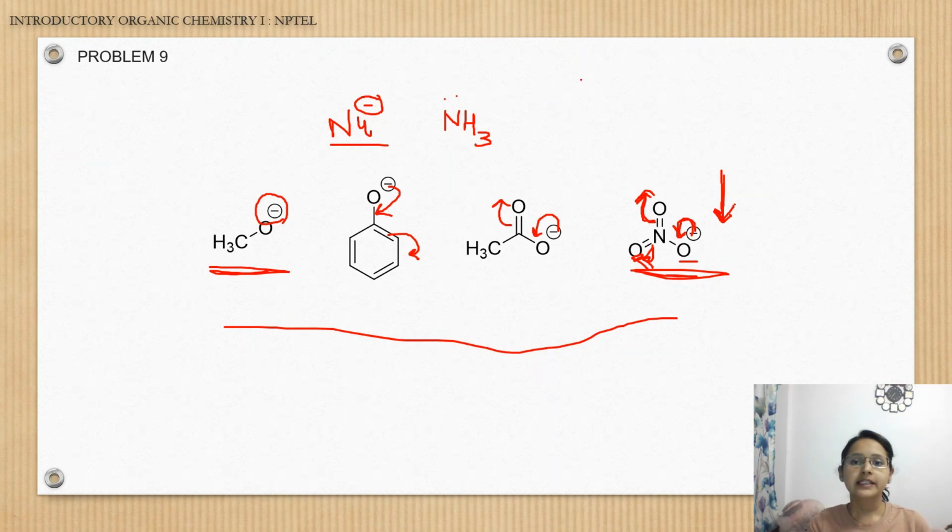See, for a nucleophile to be highly nucleophilic, what is the requirement? It should have the highest electron density. Only then would it be able to impart that electron density to the next system and attack the electrophile, right? In the case of nitro, this anion is delocalized over the two N double bond O bonds.